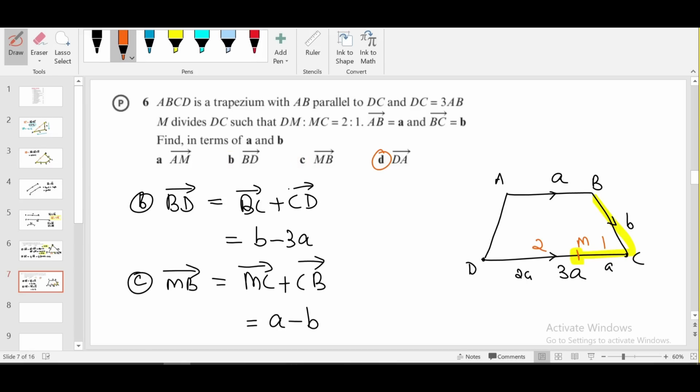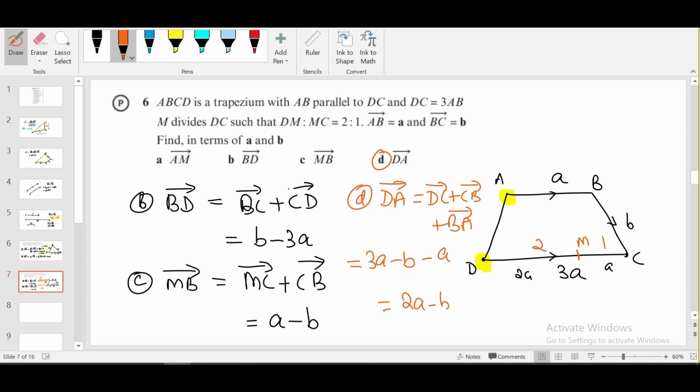The D now, DA vector. Tell me, how do you do the DA vector? So I did DC plus CB plus BA. Perfect. DC plus CB plus BA. DC is 3A, CB is minus B, BA is minus A. Have you got 2A minus B? Yes. That's it. Okay.